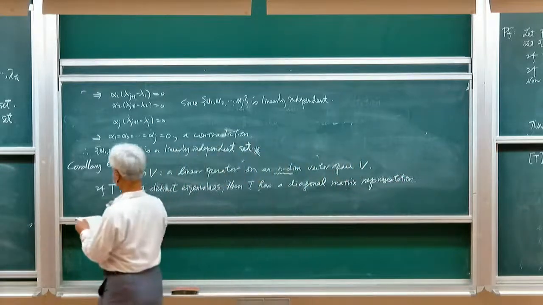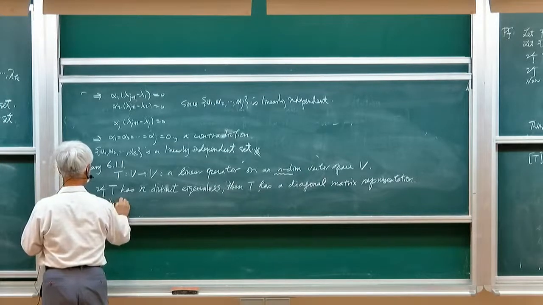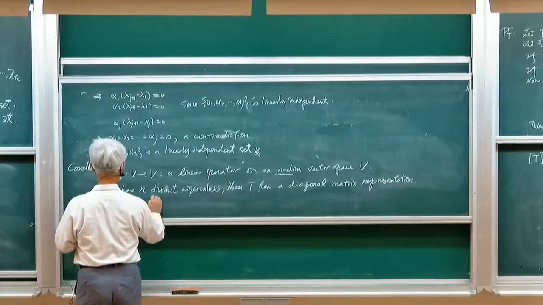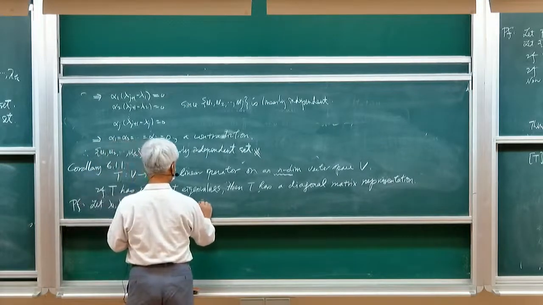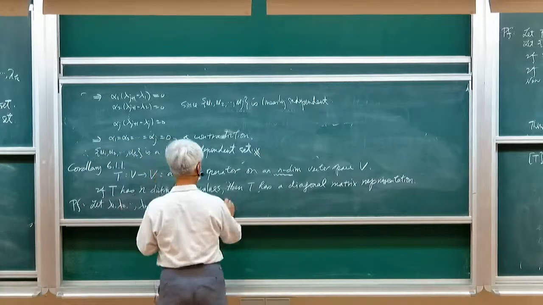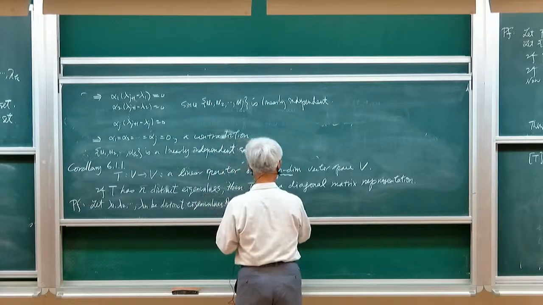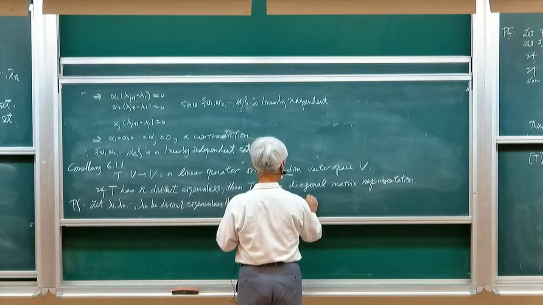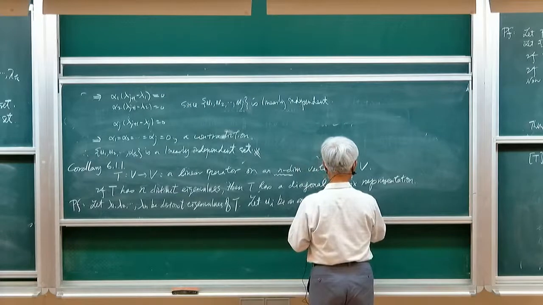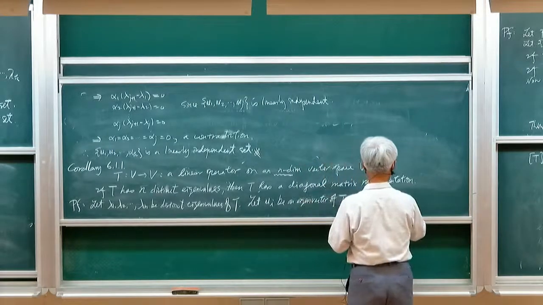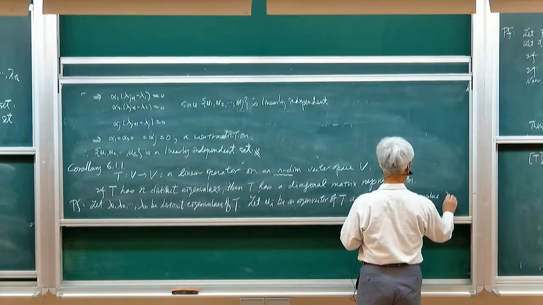Okay, so that is easy to prove. So let lambda 1, lambda 2, up to lambda n be distinct eigenvalues of T, and let ui be an eigenvector of T associated with eigenvalue lambda i.